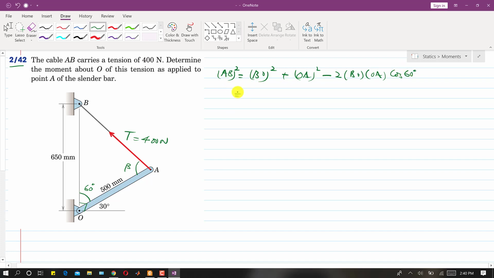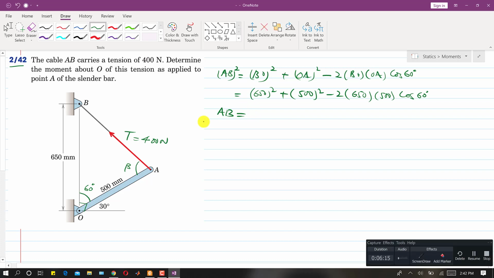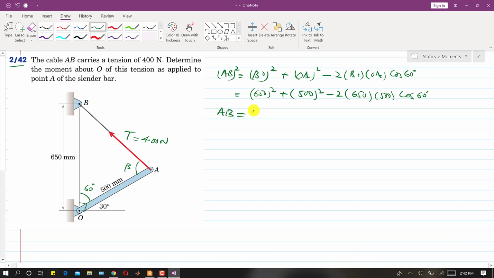BO is 650, whole square, plus OA is 500, whole square, minus 2 into 650 into 500 into cos of 60 degrees, right? When we solve this, AB comes out to be 589 mm, right?